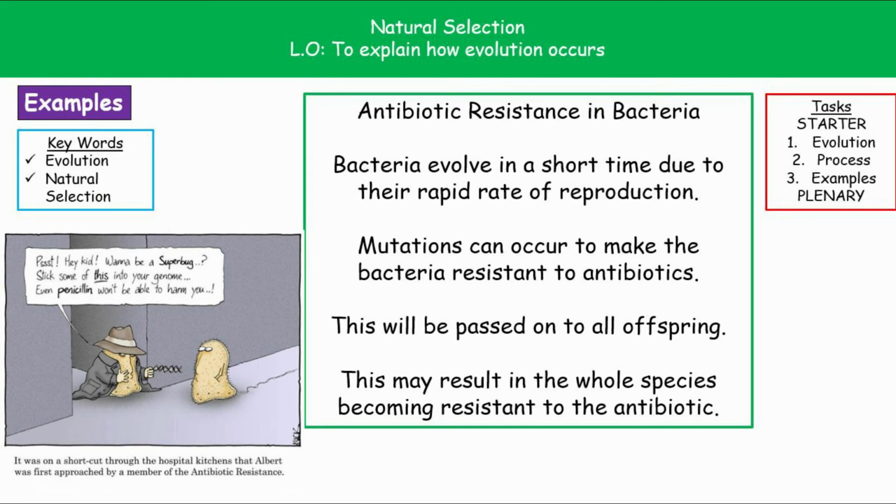So if you get ill with a bacterial infection with one of these resistant bacteria, we may not have drugs to treat you. That's why it's so important that if you have a course of antibiotics from the doctor, you take them all as prescribed, not stopping when you feel better. Because as soon as you start doing things like that, we increase the risk of antibiotic resistance.